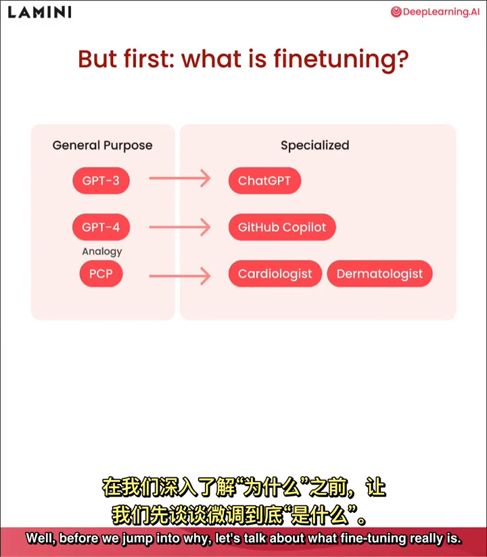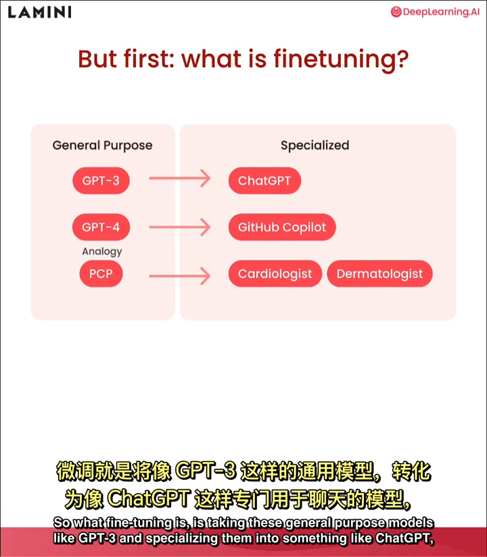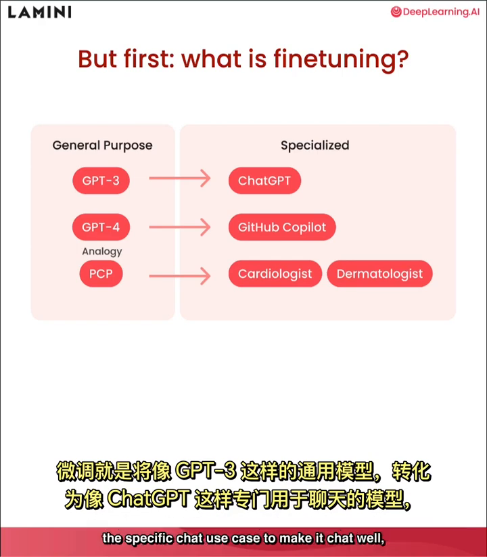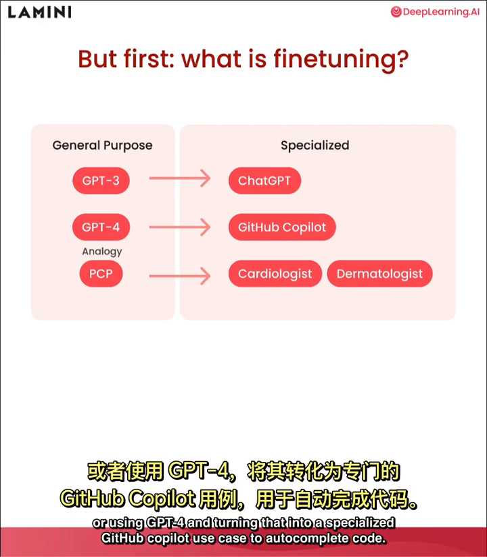Well, before we jump into why, let's talk about what fine-tuning really is. Fine-tuning is taking these general purpose models like GPT-3 and specializing them into something like ChatGPT, the specific chat use case to make it chat well, or using GPT-4 and turning that into a specialized GitHub Copilot use case to autocomplete code.